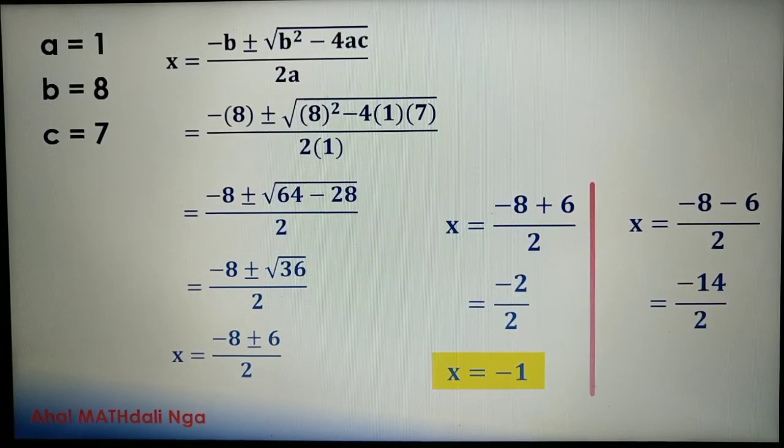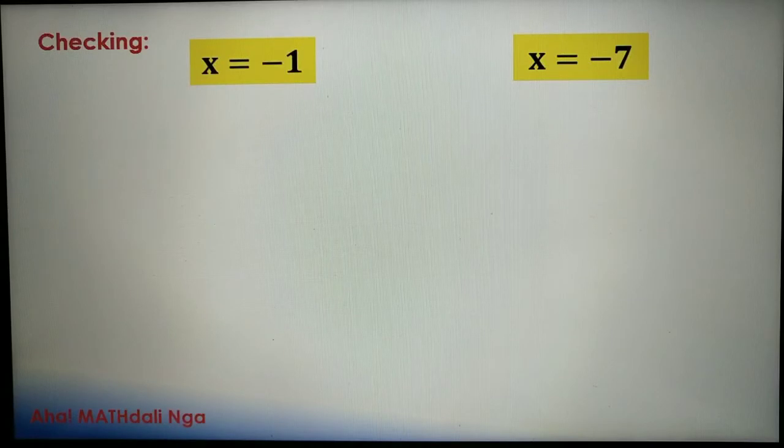Negative 14 divided by 2 is equal to negative 7. Negative 7 is the second value of our variable x. Let's do checking. Again, the values of x are negative 1 and negative 7.